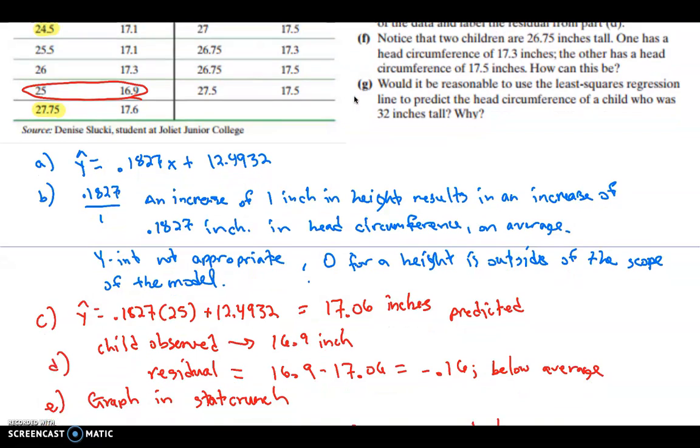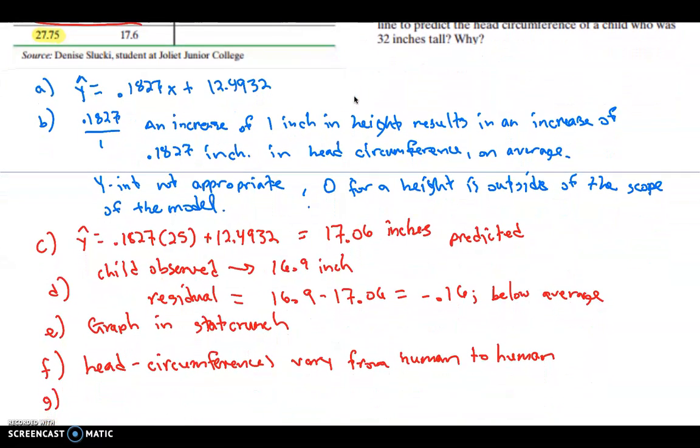And so would it be reasonable to make a prediction with 32? I would say no. 32 inches is outside of the scope of the model.